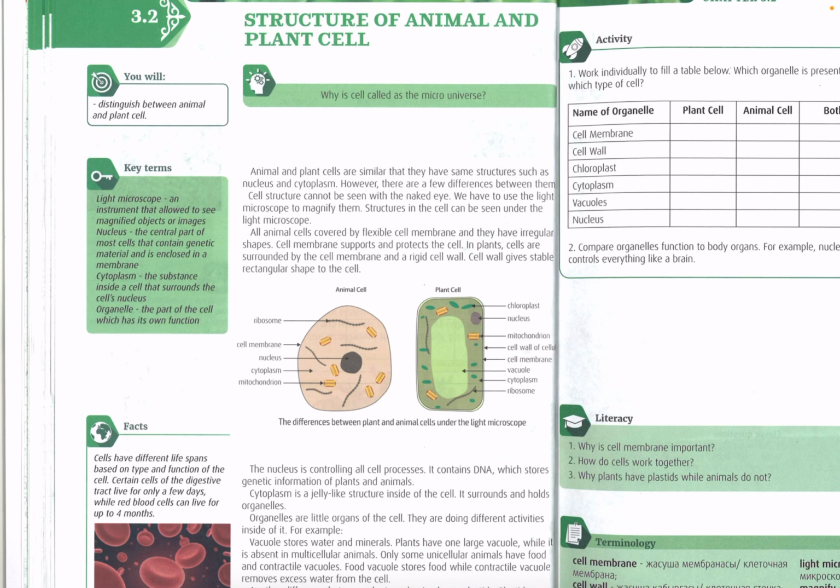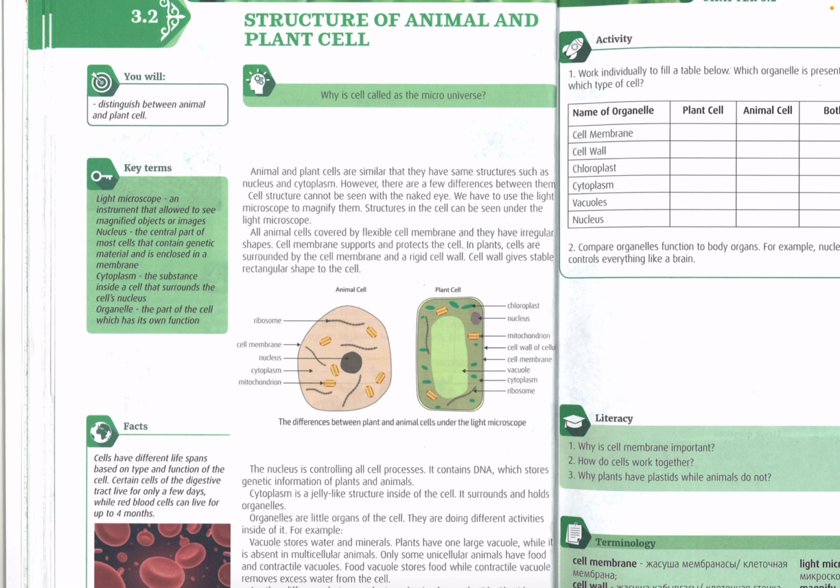Guys, я вам на уроке говорил, every cell has four definite structures. First, it is DNA. DNA, it is boss of the cell, главный получается.